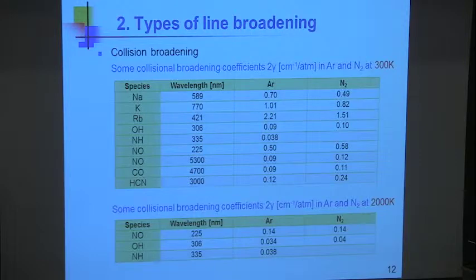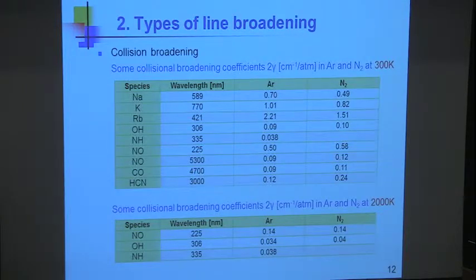Here's some typical numbers. Here's CO. This is 4.7 microns, the fundamental. It's around 0.1. They're generally around 0.1. NO is an anomaly. It's about 5 times bigger than typical. In the infrared, it's about 0.1.